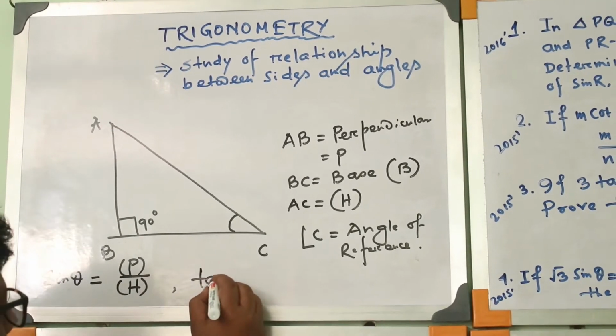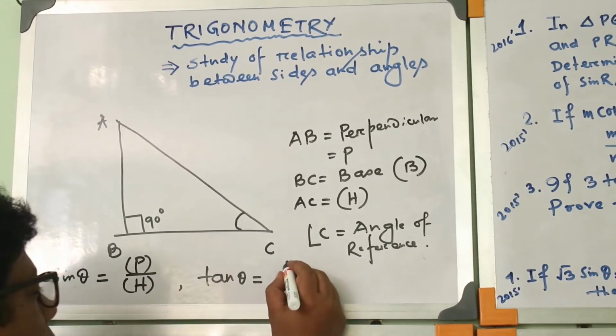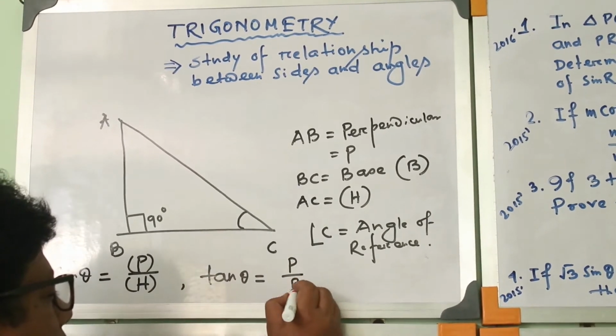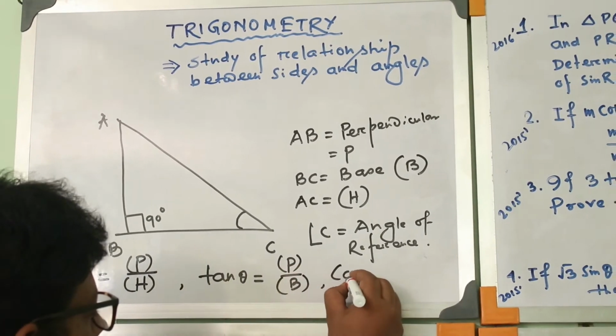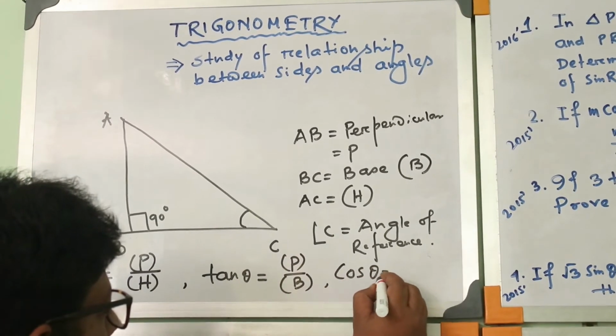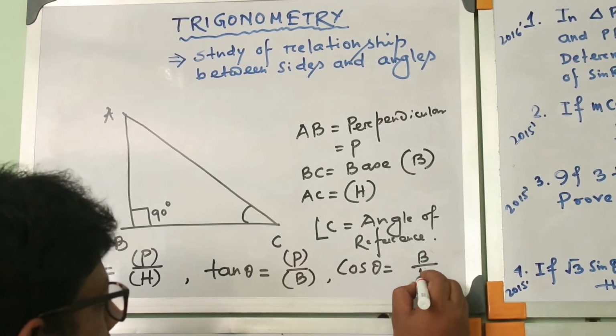Tan theta, this is equal to perpendicular by base, and cos theta, base by hypotenuse.